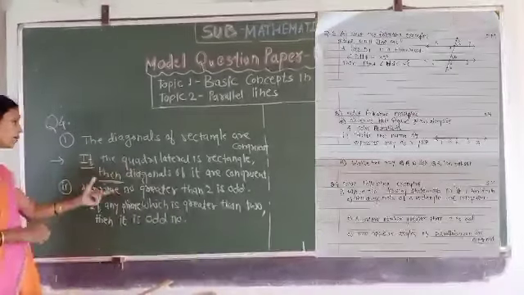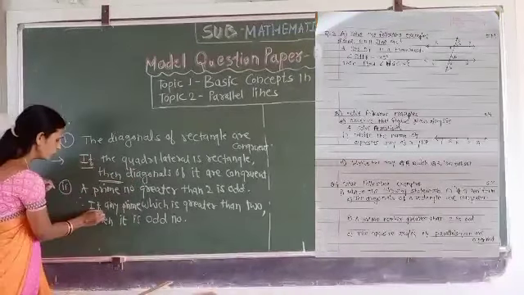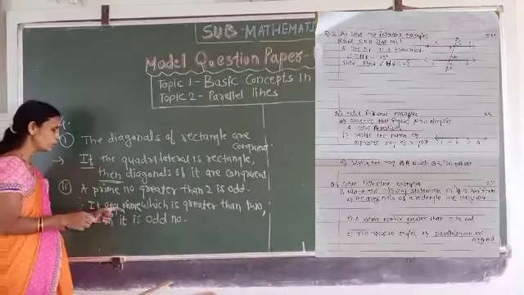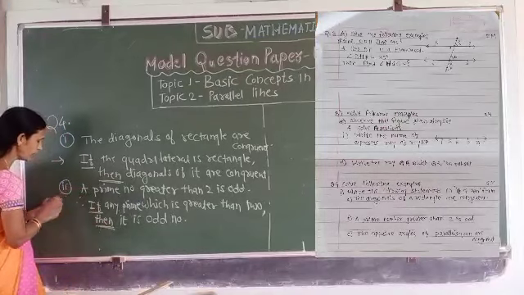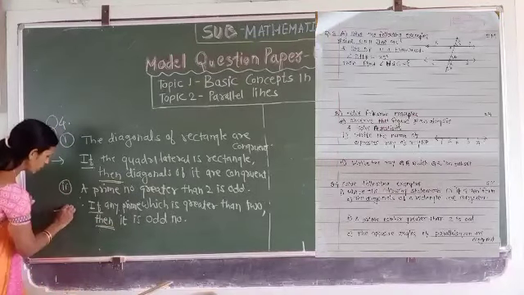That means if a number is greater than 2 and it is a prime number, then it is an odd number. That means here if and then are used.